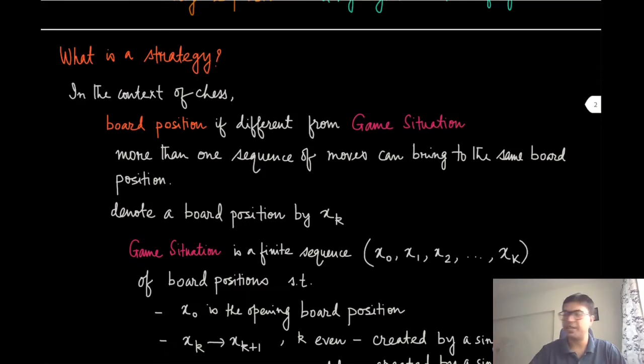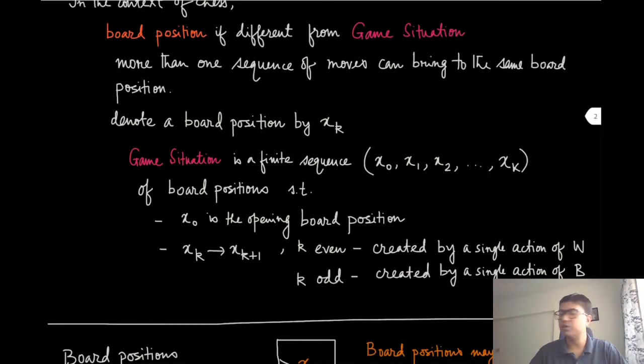Okay, so let's make it a little more formal with our notation. We are going to denote a board position by xk. So maybe after k stages, you have reached this particular board position, which is nothing but a snapshot of the positions of each of the pieces which have not been eliminated on this board. Game situation, therefore, is the sequence of these board positions starting from the initial. So x0 is the first board position, which is always the same.